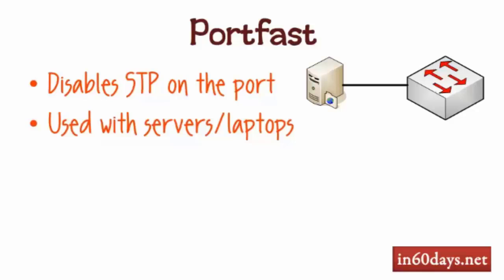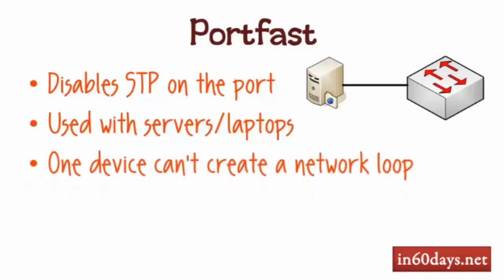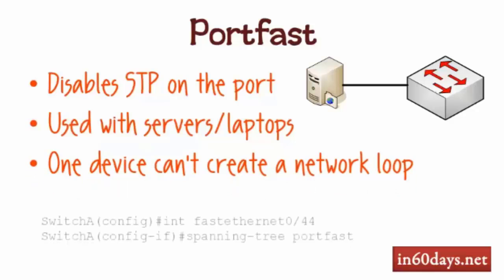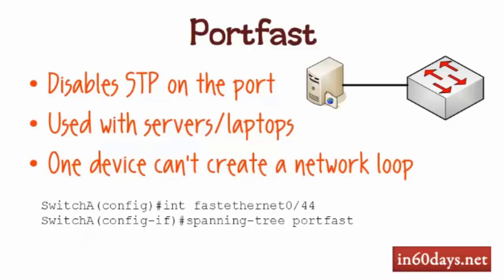So basically the interface is going to come up a lot quicker. And the command is spanning-tree portfast when you're in interface configuration mode. Just beware that you shouldn't be plugging another switch into this port on the switch if for whatever reason you wanted to remove that server.